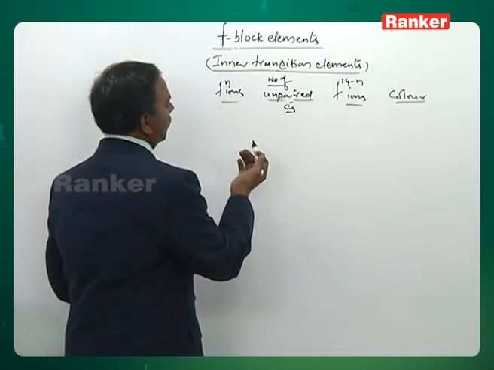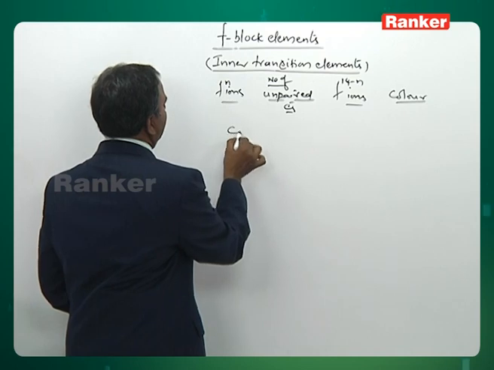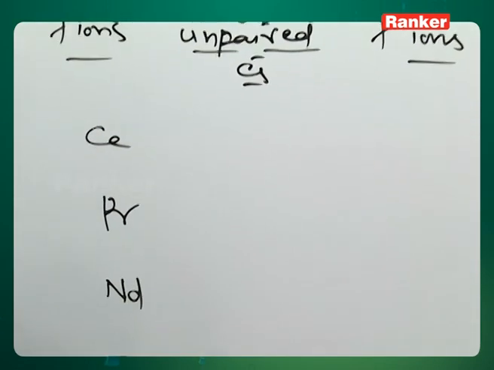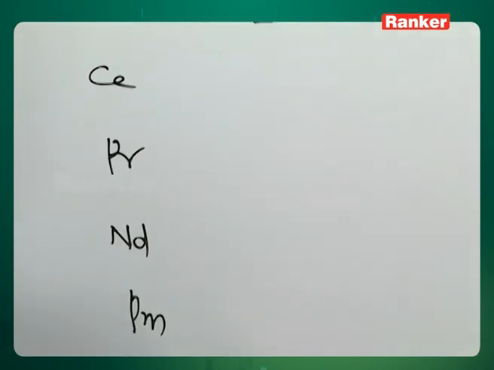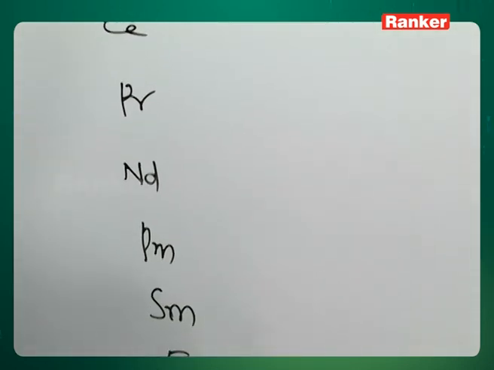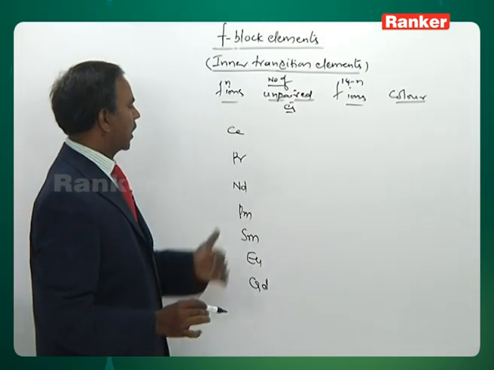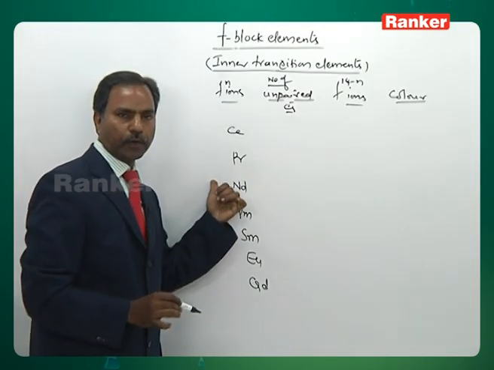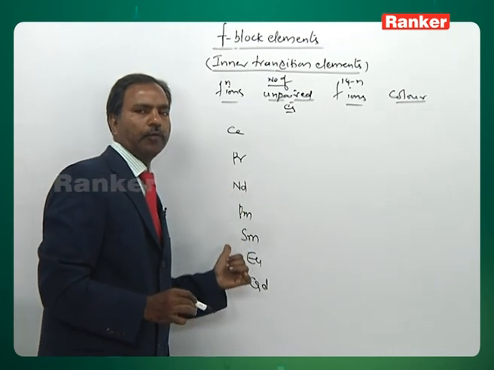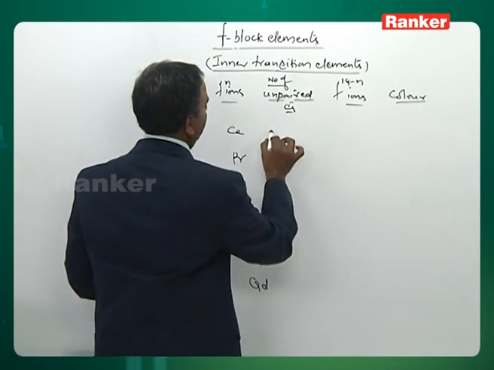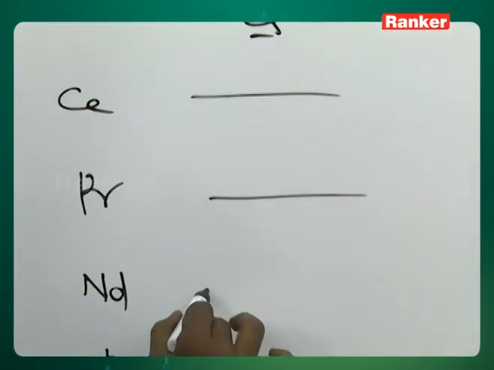Let me make a table. You observe this now: cerium, praseodymium, neodymium, promethium, samarium, europium, gadolinium. Up to 7 elements are written. Next, we start again in a similar way, from gadolinium to the last element.